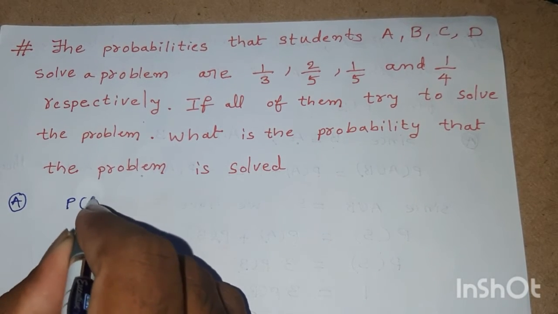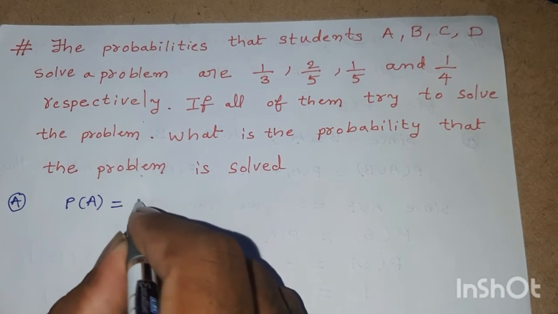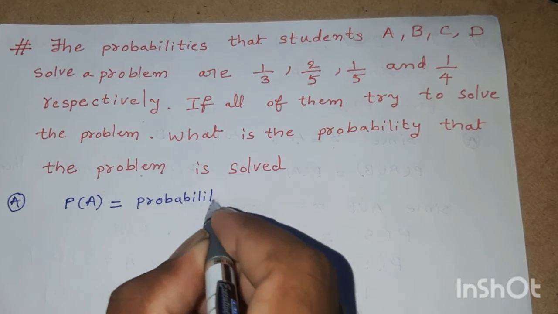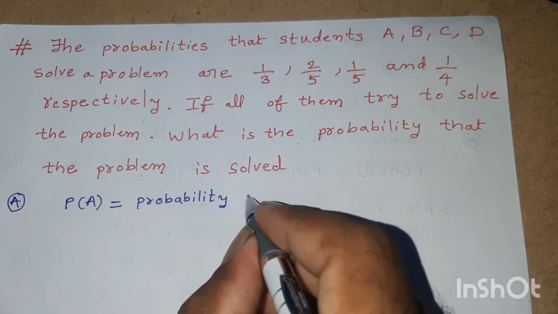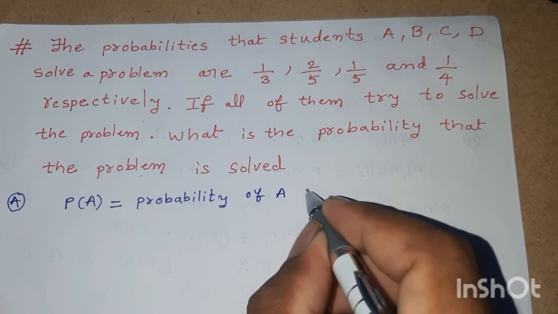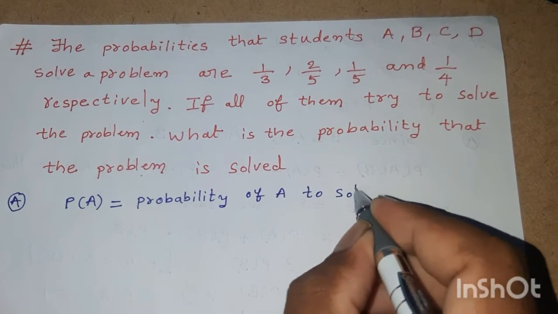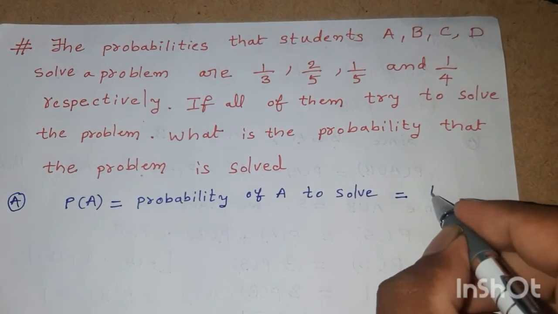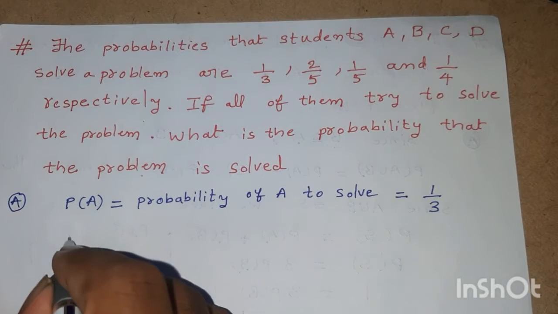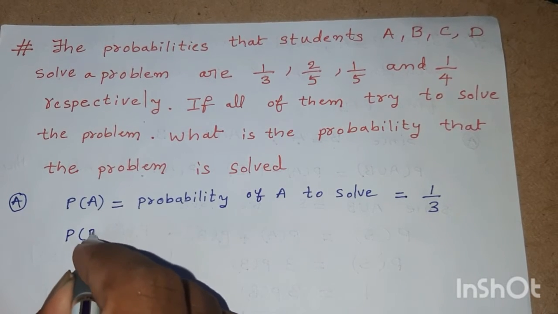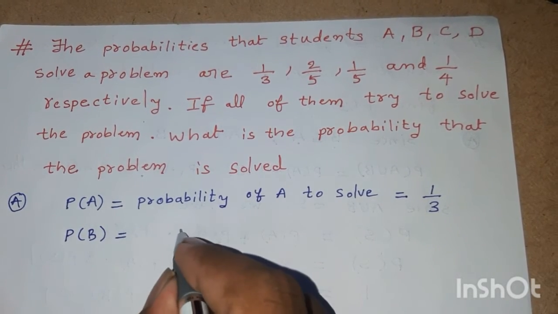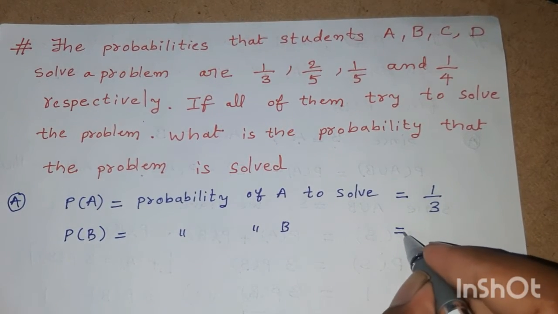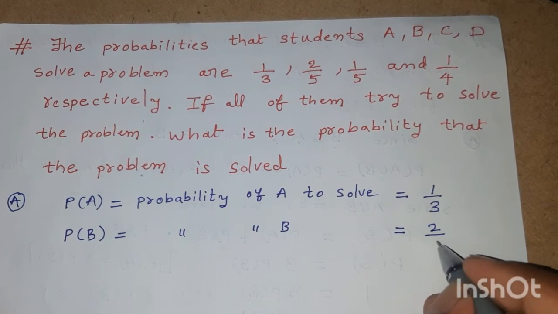Probability of A to solve it is 1 by 3. Probability of B to solve the problem is 2 by 5.